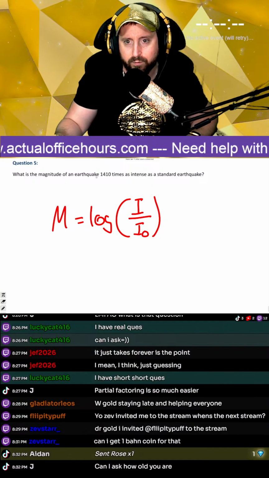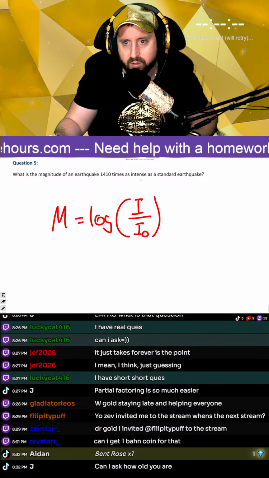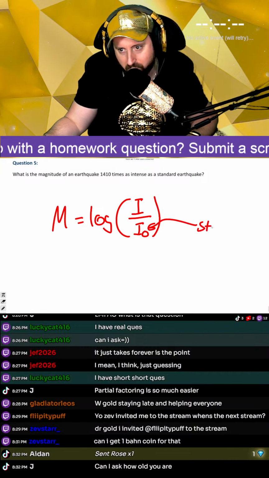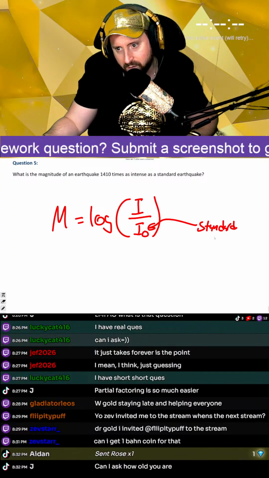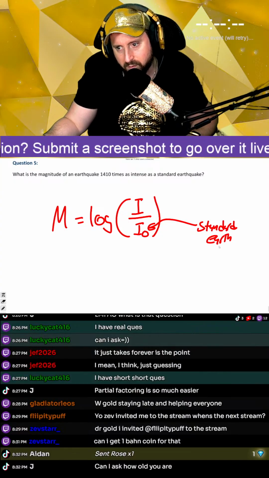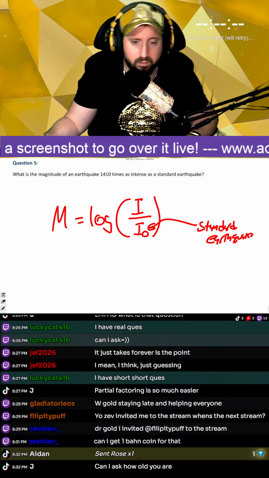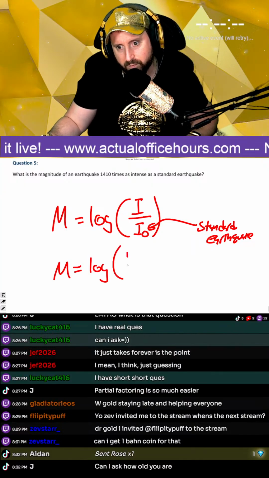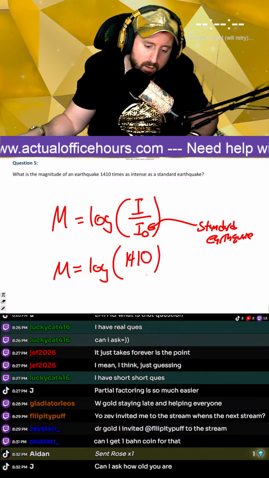Okay. So what's the magnitude of an earthquake that's 14,010 times as intense as a standard earthquake? I assume they say this is a standard earthquake then. Maybe? I don't know. Okay, so M is equal to the... Yeah, I'd assume so, because that's supposed to be like the baseline amplitude.